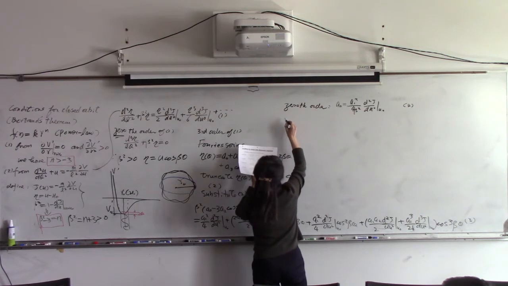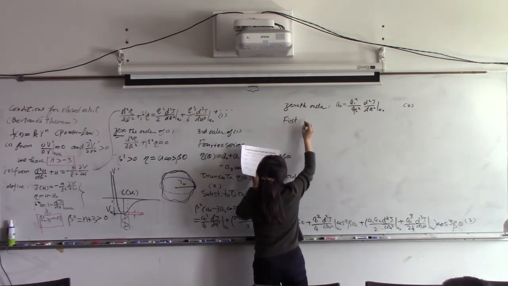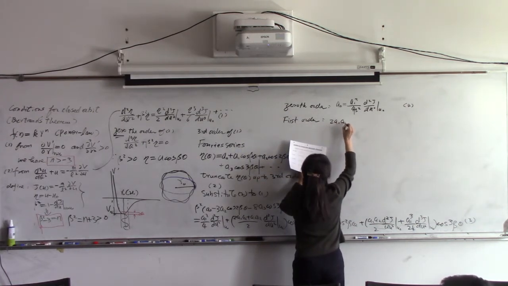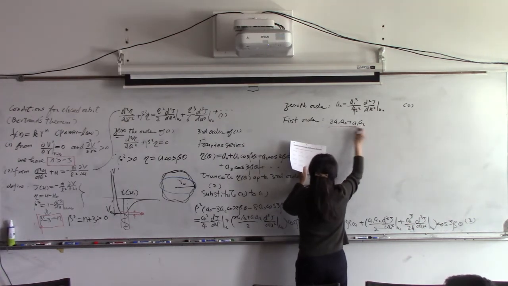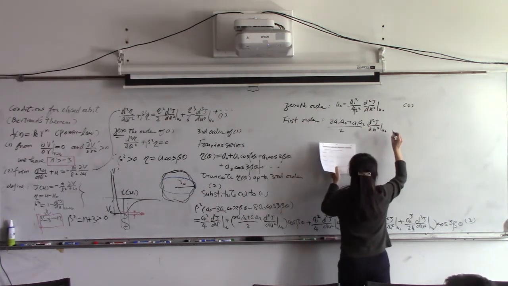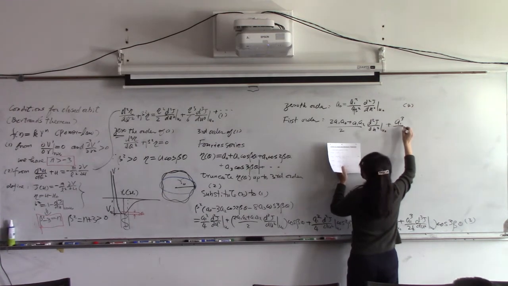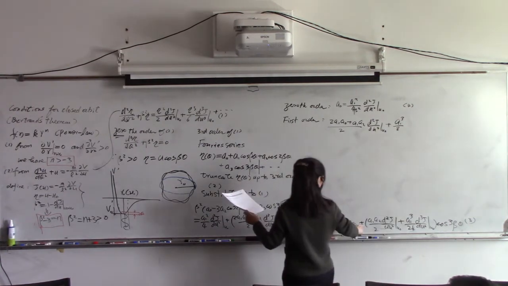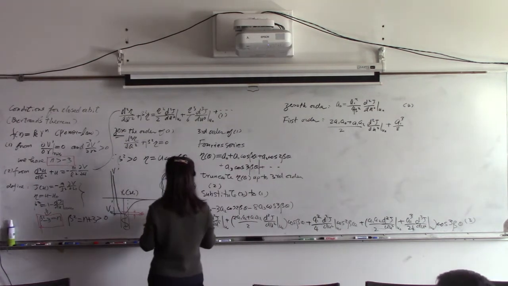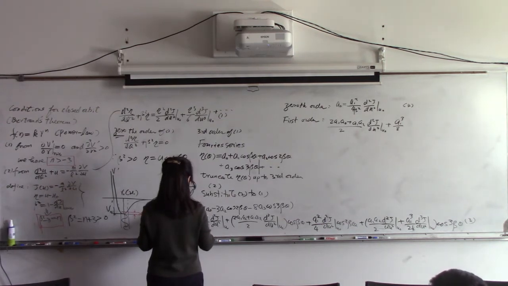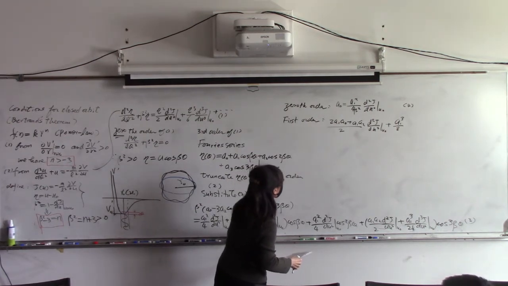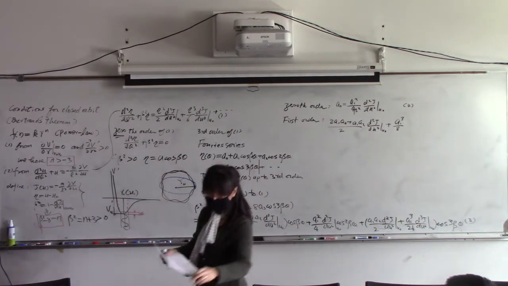And the first order, we have another equation: 2a1 a naught plus a1 a2 over 2 d squared J du squared at u naught plus a1 cube over 8. Did I miss one?